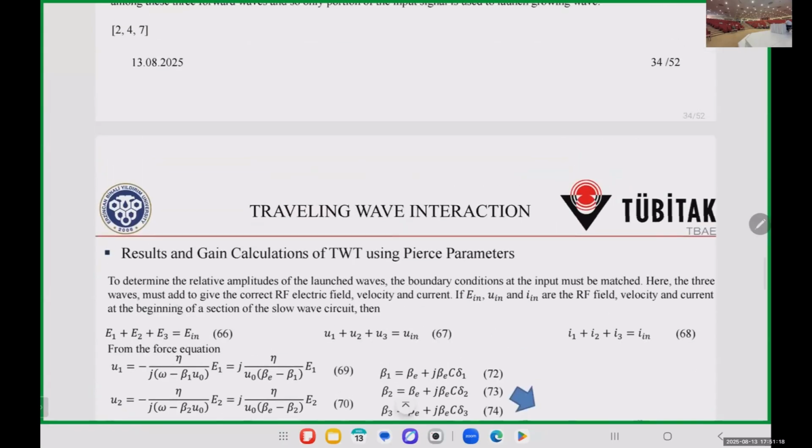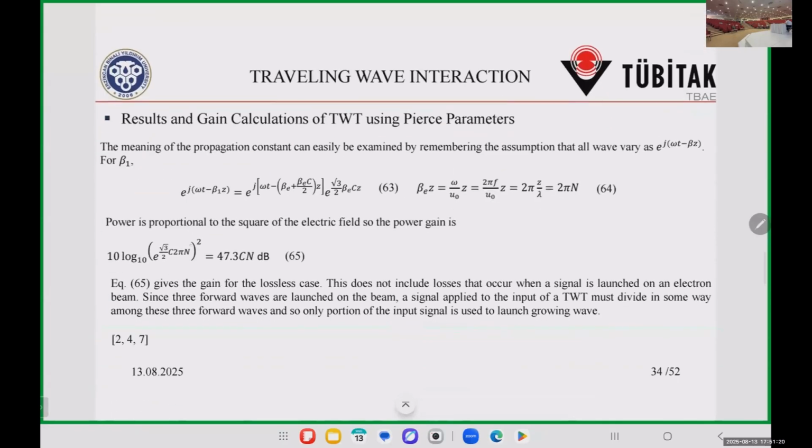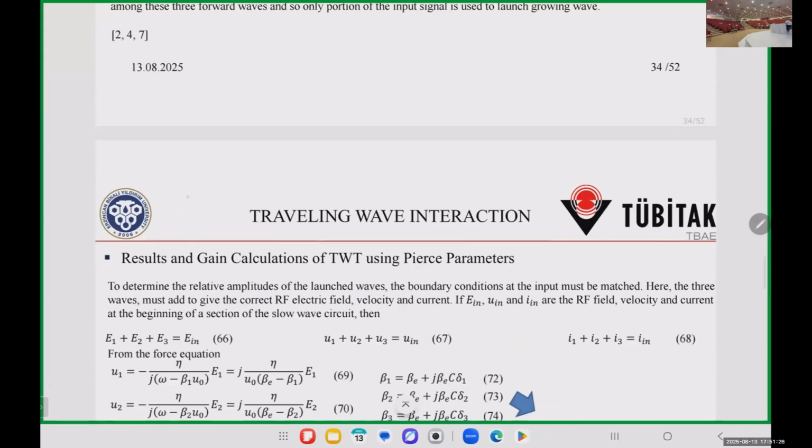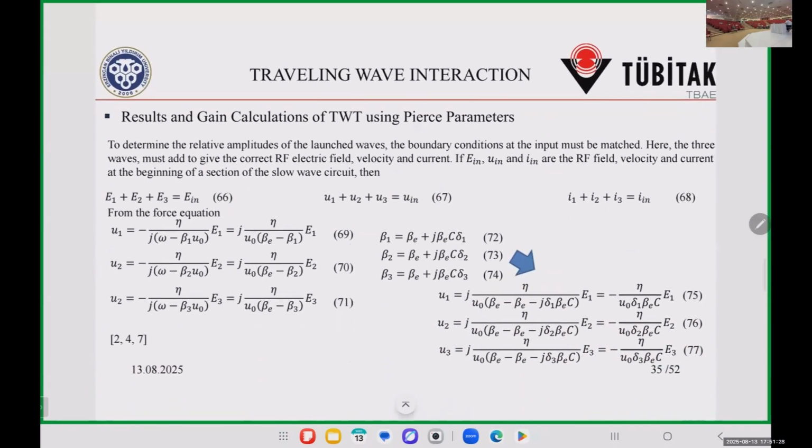Yes, if we obtain a gain of TWT, then we use a boundary condition here. So to determine the relative amplitude of the launched waves, we use a boundary condition here. So 3 waves must add to give the correct RF field and velocity and current.